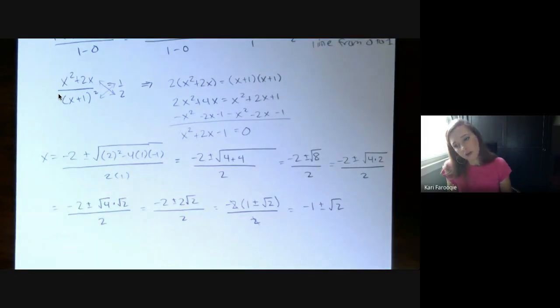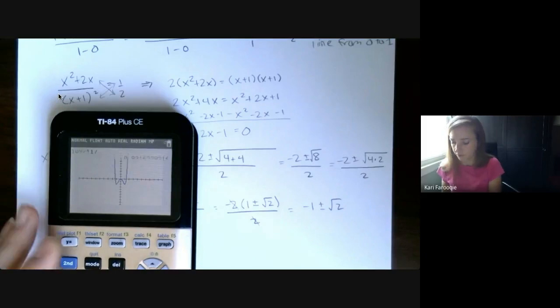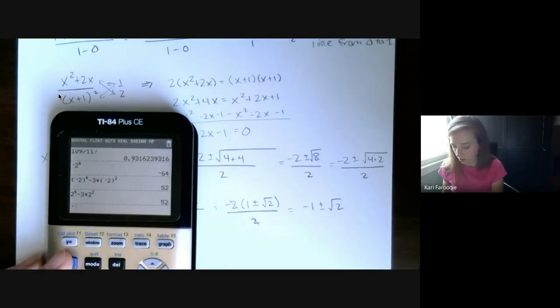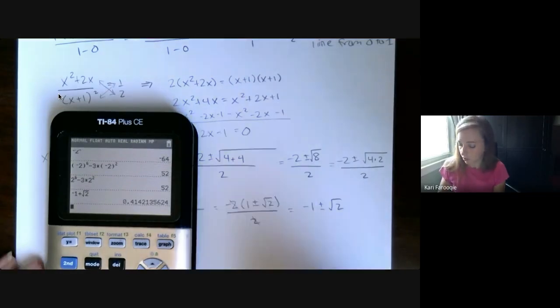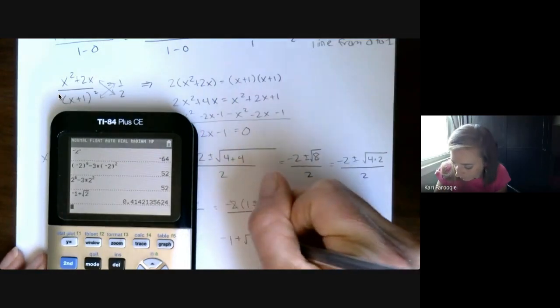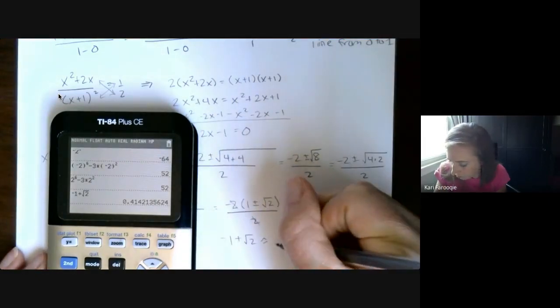Check those approximations so you can verify if they're in your closed interval from 0 to 1. Negative 1 plus the square root of 2 is approximately 0.414. And that is in the interval from 0 to 1.